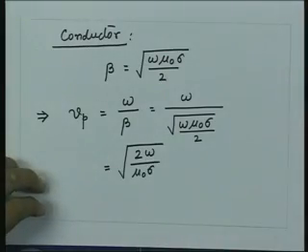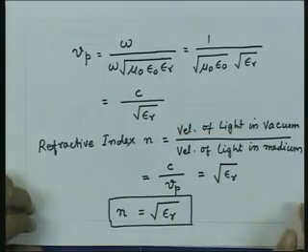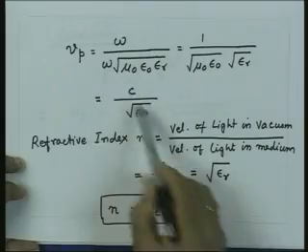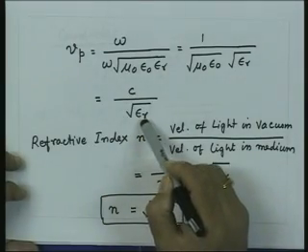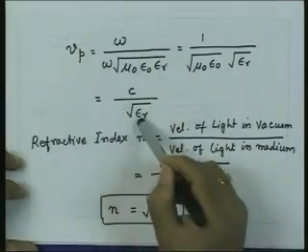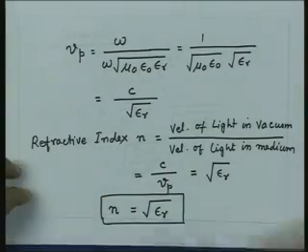The velocity we had for a dielectric medium, c upon square root epsilon r, was not a function of frequency. So, if the dielectric constant of the medium is not a function of frequency, the velocity also is not a function of frequency. That means all frequencies travel with the same speed in that medium.